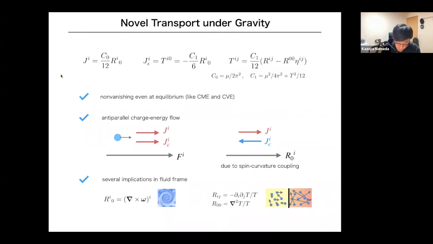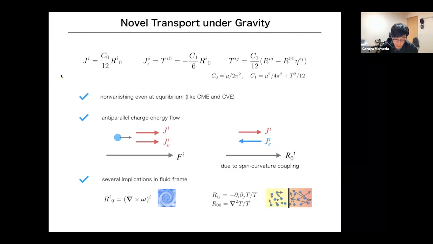So from this result, we found the following three parts. The first one is that they are transport phenomena even at the equilibrium. Namely, for evaluation of these quantities, we are using the general Wigner function that satisfies the Boltzmann equation.